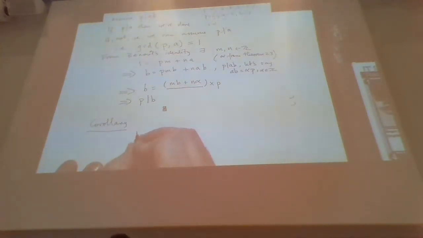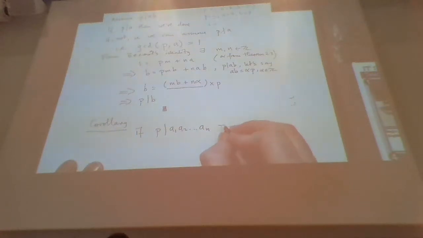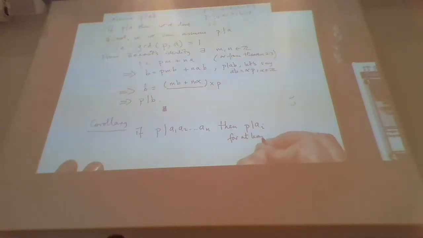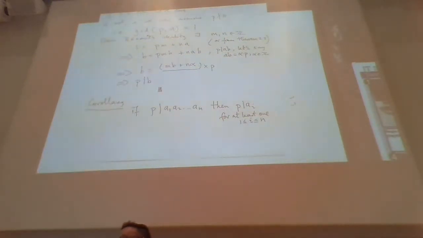So if P divides a product A1 times A2 up to times AN, then P divides AI for at least one I. So again, P divides a product, it divides at least one of the factors. And that applies to products of any number of terms.